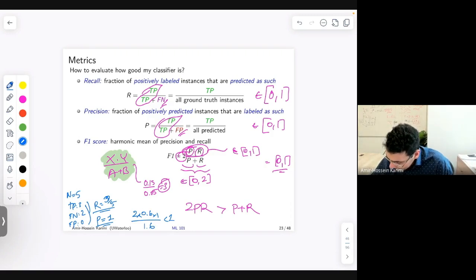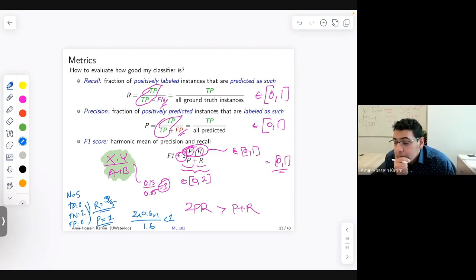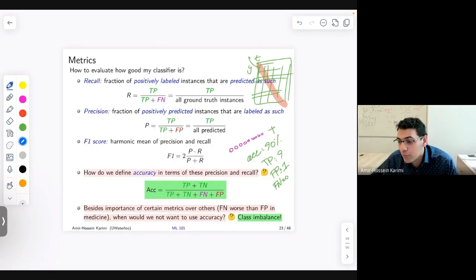Yes, Guru. So instead of having precision and recall, can we just use F1 as a proxy for precision and recall? So Shima was talking about a project where she has precision and recall, which she has calculated for an unbalanced data set. So instead of talking about those two, can I just talk about F1 score? Yes, that's your choice, or if you have a threshold like we saw in this figure, you might even want to look at neither of them and just the area under the curve.